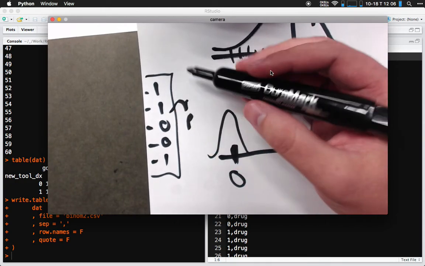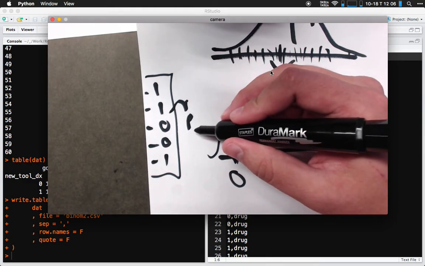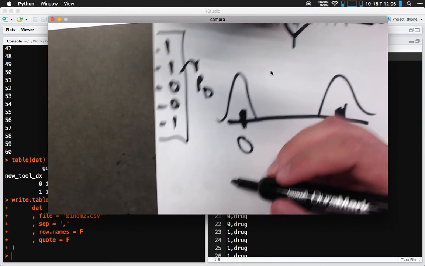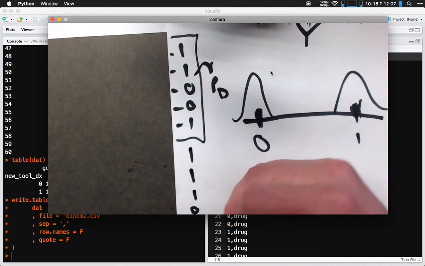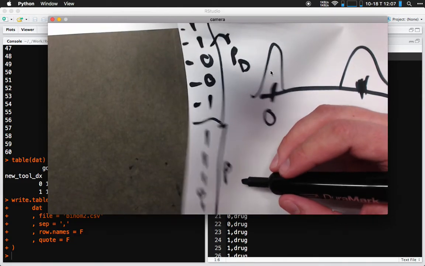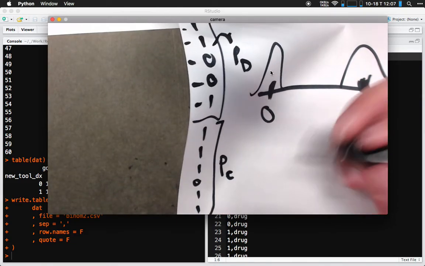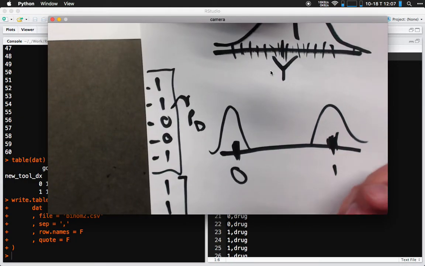So P for the drug group. And if you had another set of 1, 1, 1, 0, 1, 0, you could talk about the proportion for the control group. So now we're talking about proportions.